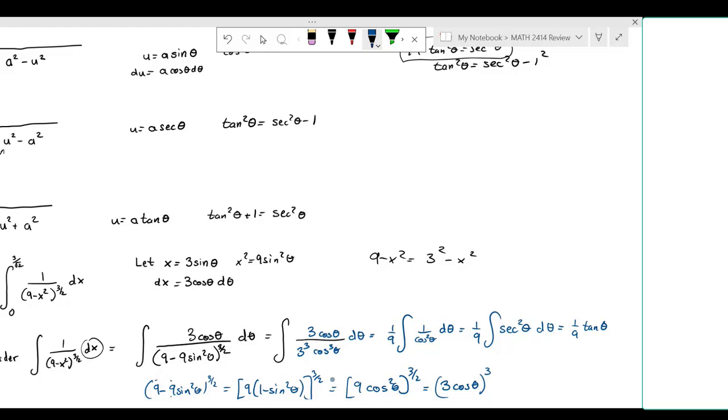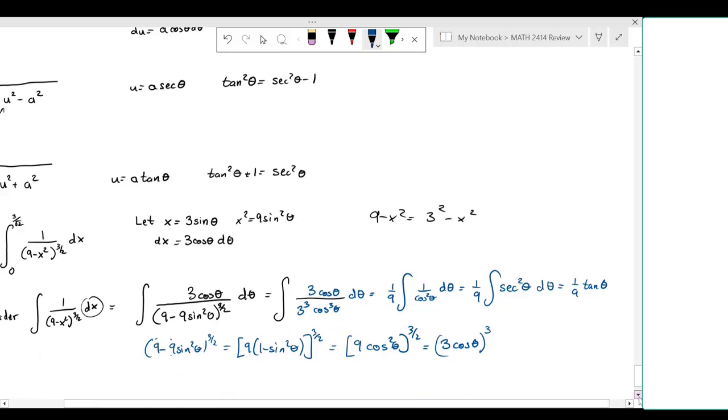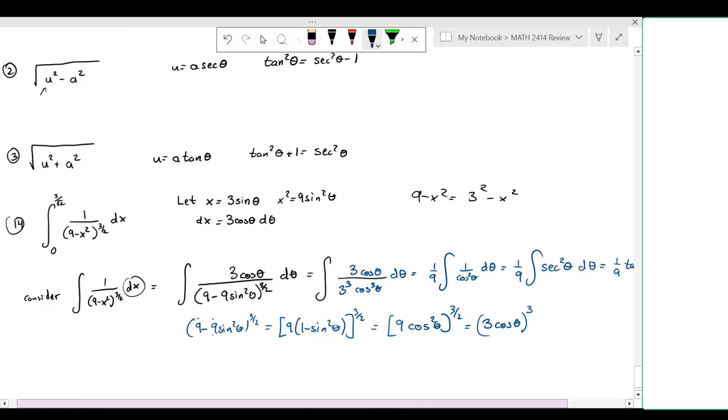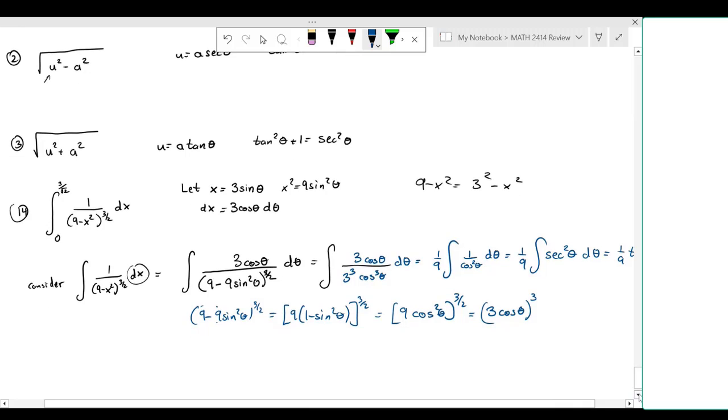All right, so what we have so far, by ignoring the bounds of integration, is that our antiderivative is 1/9 tangent of theta.